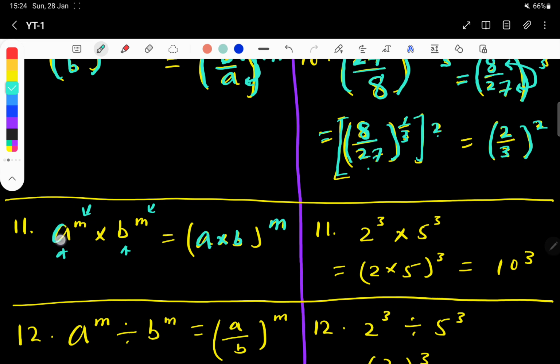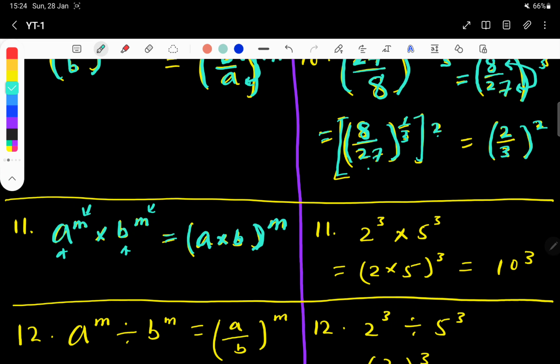Whenever you have a power of m times b power of m, you will get the common power of m, and the multiplication only happens on the base. So this is the formula.